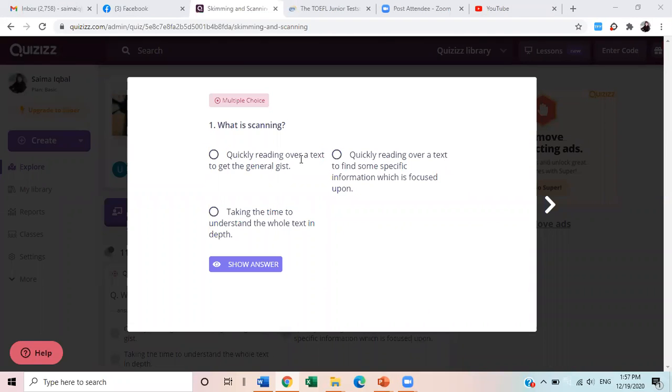We will see: quickly reading over a text to get the general gist; taking the time to understand the whole text in depth; quickly reading over a text to find some specific information which is focused upon. So quickly reading over a text to get the general gist is number one. Is this scanning definition correct? Quickly get the general gist.